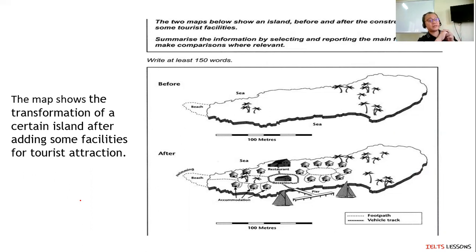I'm going to ask Xiang, what synonyms can you find in the introduction to the topic? Can you tell me the synonyms you can find, Xiang? I can see the transformation. Transformation is synonymous to before and after.